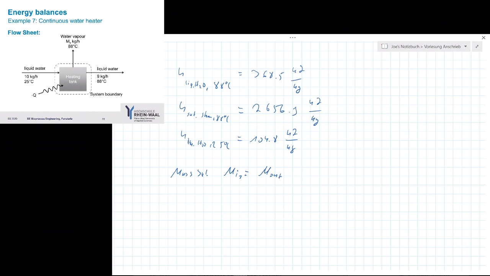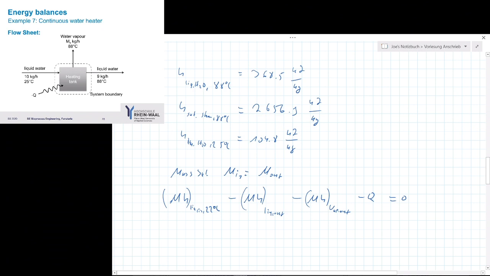So we can write down now the energy balance equation like this, that we have the liquid water in, the M H liquid in at 25 degrees, minus M H liquid out, I make it like this because that's liquid out, minus M H vapor out, minus Q is equal to 0.